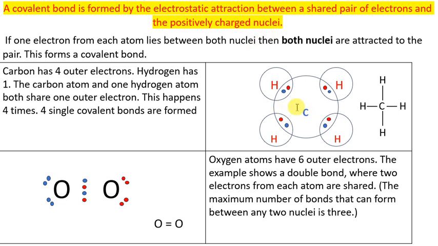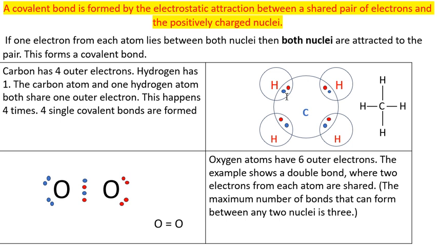So I see my central carbon atom in blue, with its original 4 electrons in blue, each one being used to make a shared pair of electrons with hydrogen. And if I look at any one of those pairs of electrons, hydrogen, the nucleus, in red, carbon, the nucleus, in blue, the 2 electrons are drawn between the 2 nuclei.